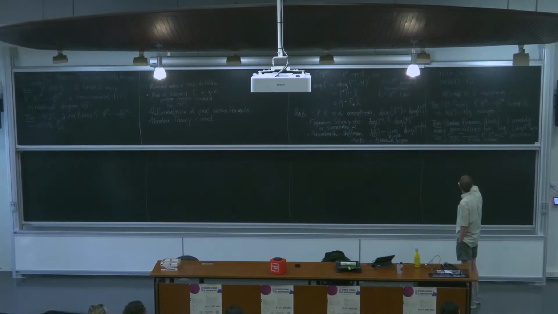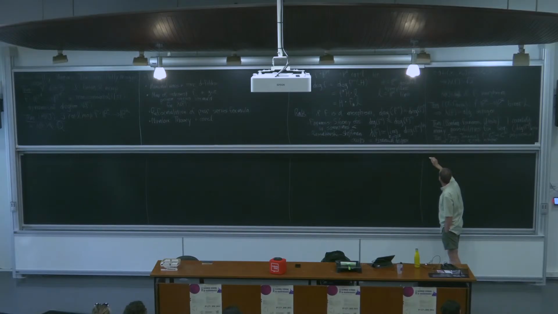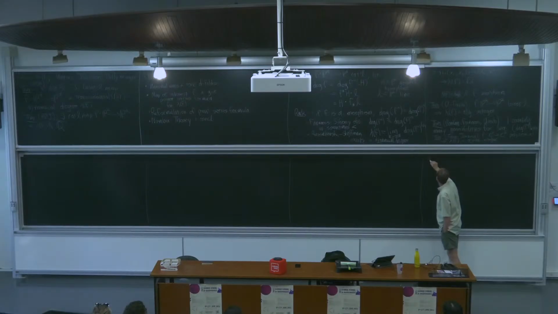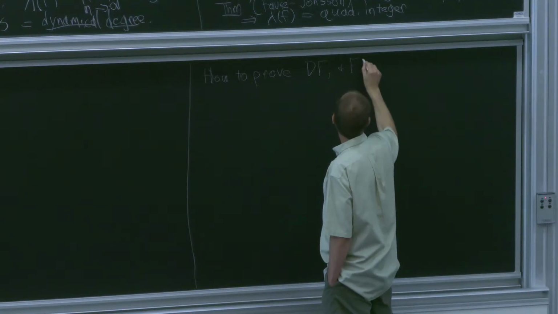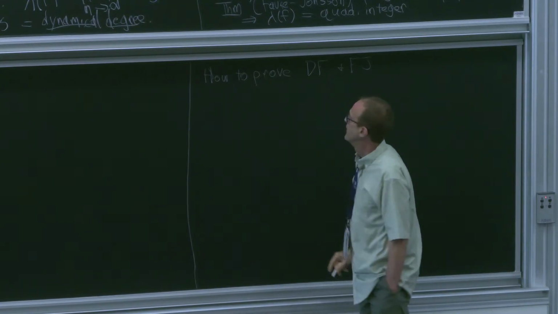Let me say something about the proofs of the first and third theorem here, because it is sort of relevant for what comes later. So how to prove the theorems of Diller-Favre and Favre-Jonsson.